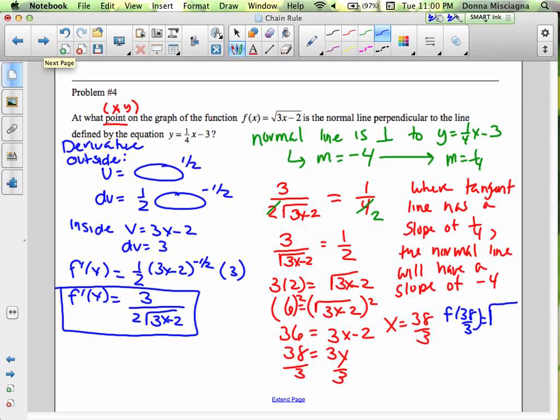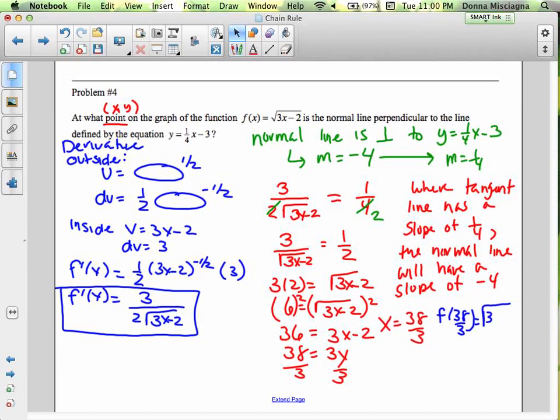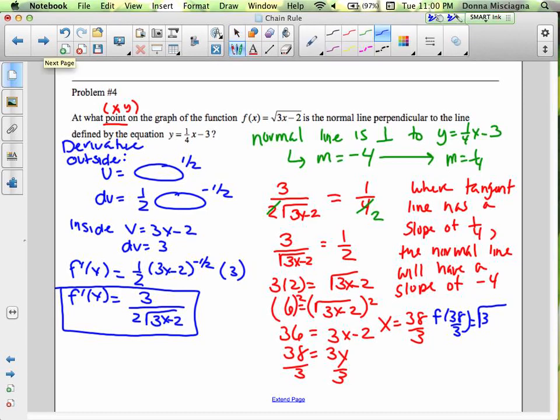Square root of 3 times 38/3 minus 2, and that'll cancel. The whole thing's under the radical there. This will be the square root of 38 minus 2, and that's just the square root of 36, which is 6.